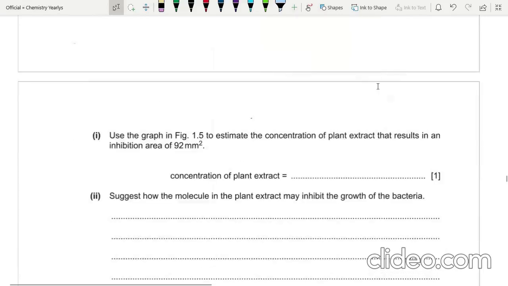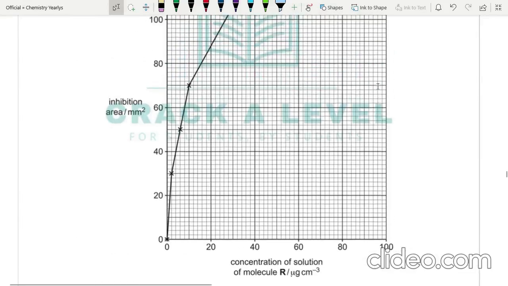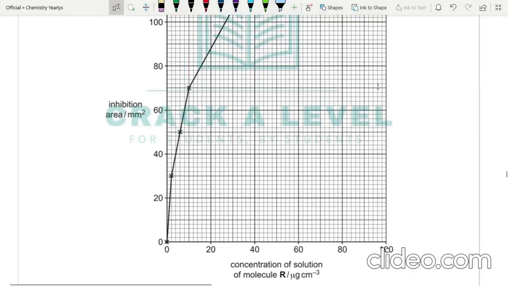Use the graph in figure 1.5 to estimate the concentration of the plant extract that results in an inhibition area of 92 millimeter cube. So 92 millimeter cube will be somewhere between the mid of 180. This will be 90 and this will be 92. Okay, not 92, the first box will actually be 92, this one. Okay, so let's interpolate this graph.